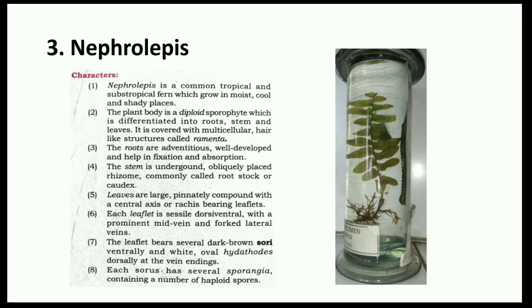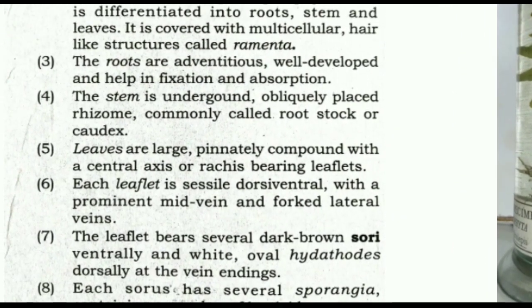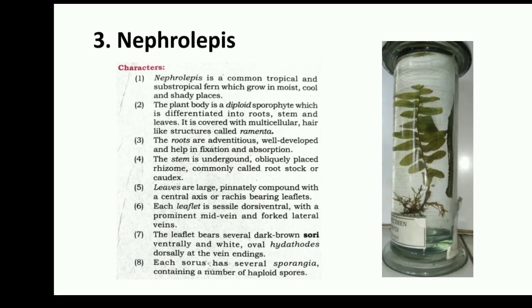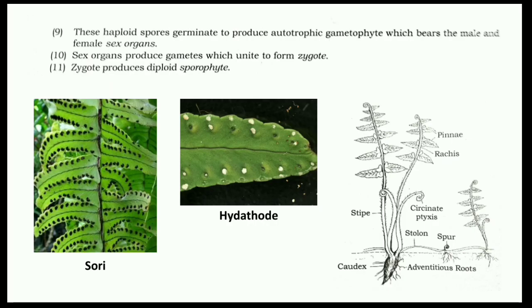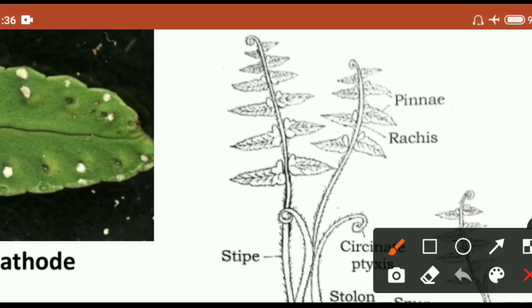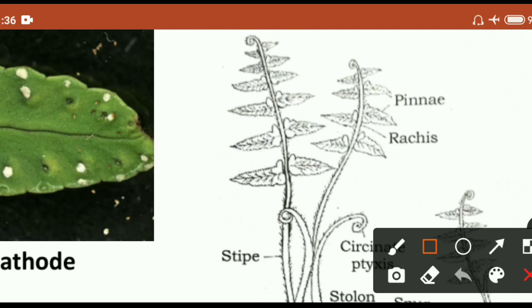Now we talked about the stem, we talked about the roots, now the leaves. Here the leaves are large, they are pinnately compound with a central axis which is called rachis. What I mean by this is that you can see over here, instead of having one large single leaf, it has smaller leaflets.